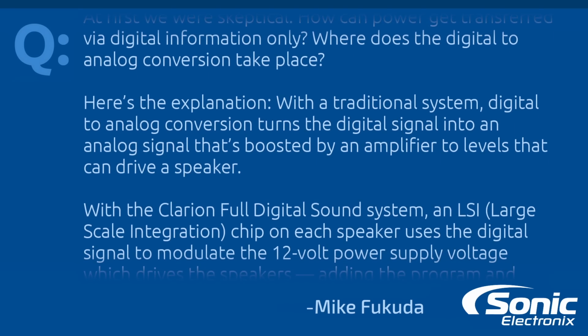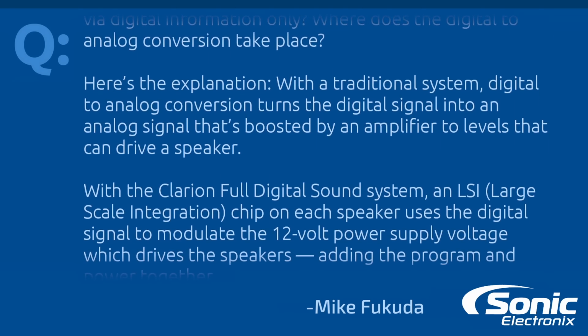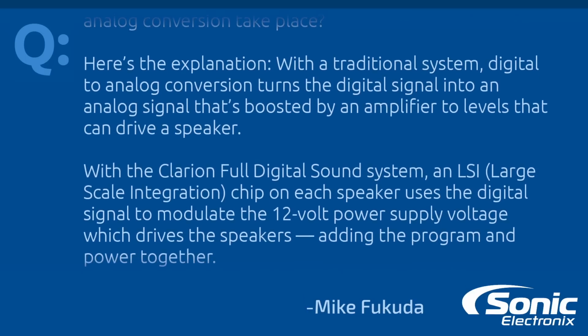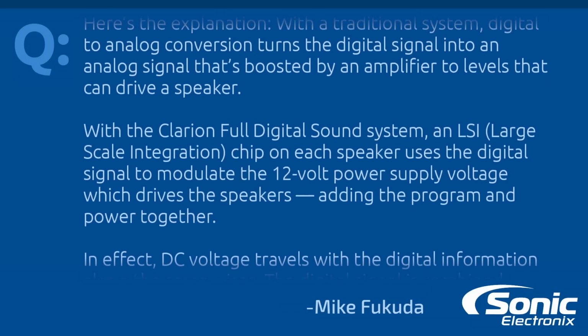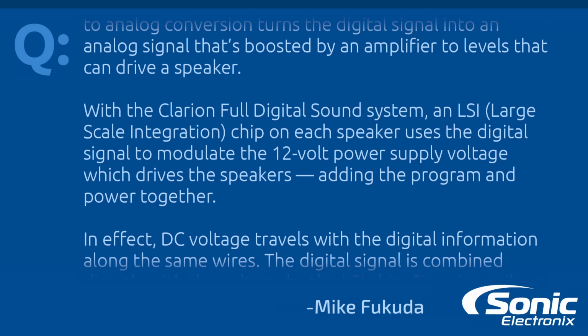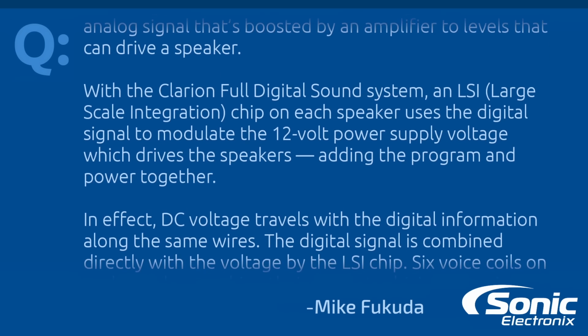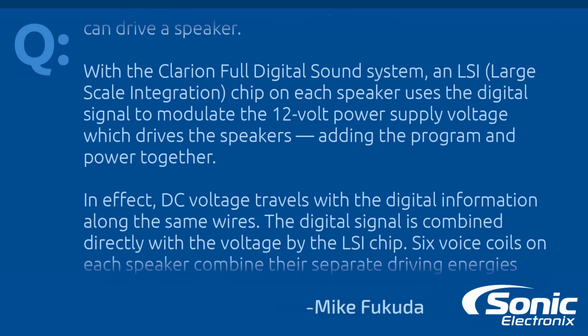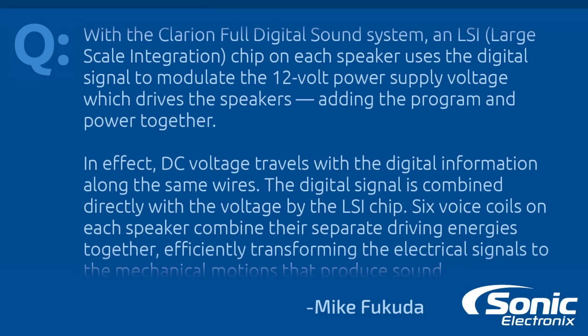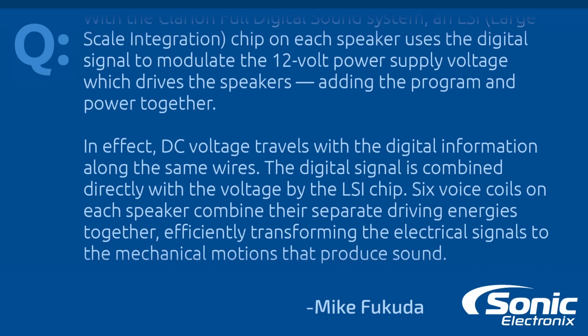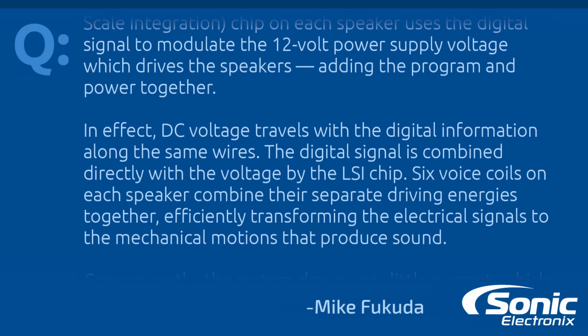With Clarion's full digital sound system, an LSI (large-scale integration) chip on each speaker uses the digital signal to modulate the 12-volt power supply voltage, which drives speakers, adding the program and the power together. In effect, the DC voltage travels with the digital information along the same wires. The digital signal is combined directly with the voltage by the LSI chip.